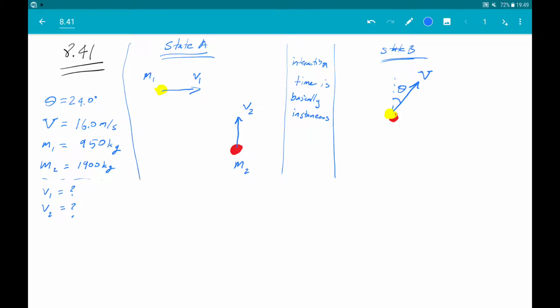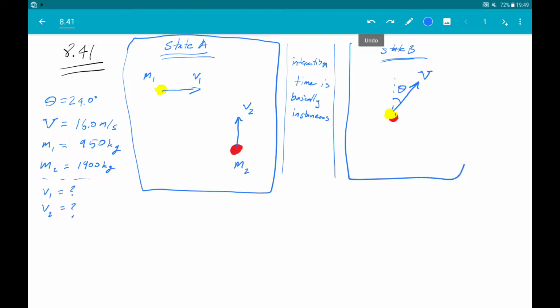So you have state A, like snapshot A, picture A, and then picture B, state B. To go from one state to the other, one moment to the other moment, there is some interaction between the two.